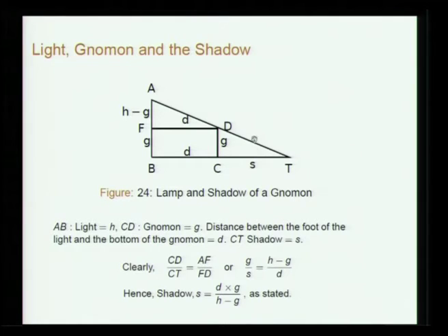Of course, the moon will be travelling somewhere here. In a lunar eclipse, when it enters this region, it will be eclipsed. So, the shadow is the distance between the earth and the sun into the radius of the earth, divided by the radius of the sun minus the earth. So, this is straight away applied to eclipse.